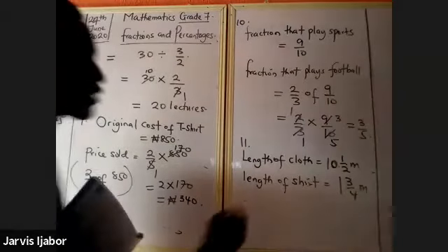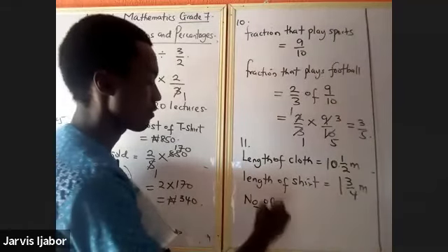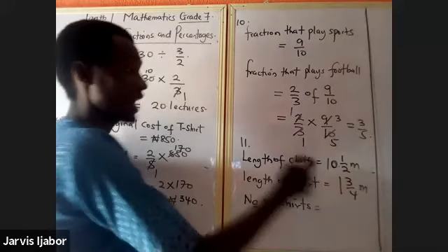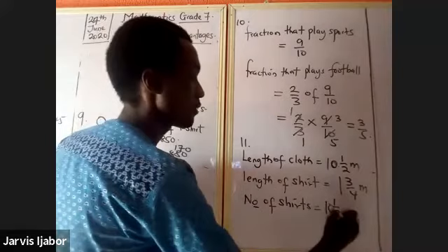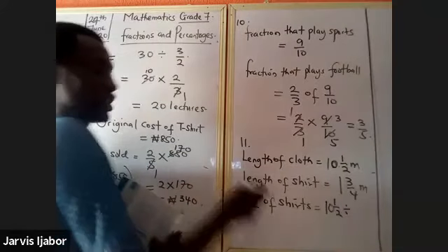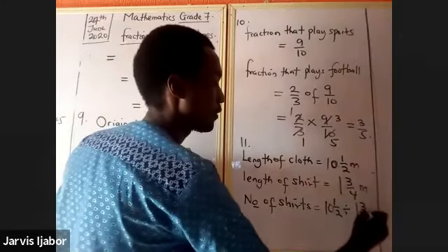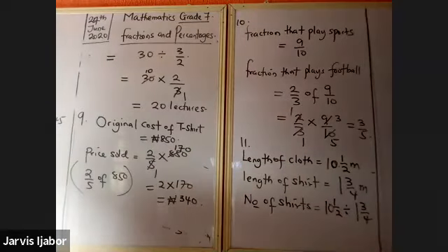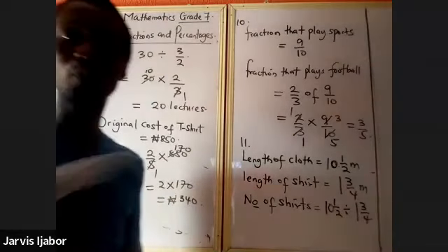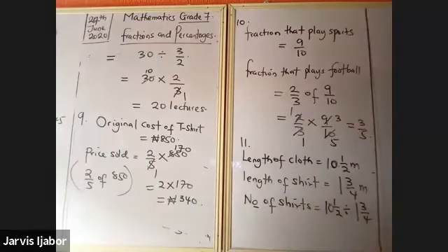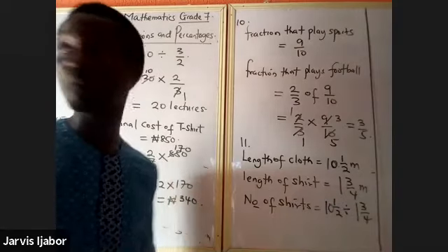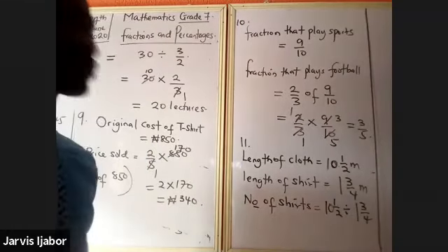So the number of shirts will be the length of cloth divided by the length of a shirt. What we are doing now is converting the word problem into mathematical symbols, and then we'll try to solve it.